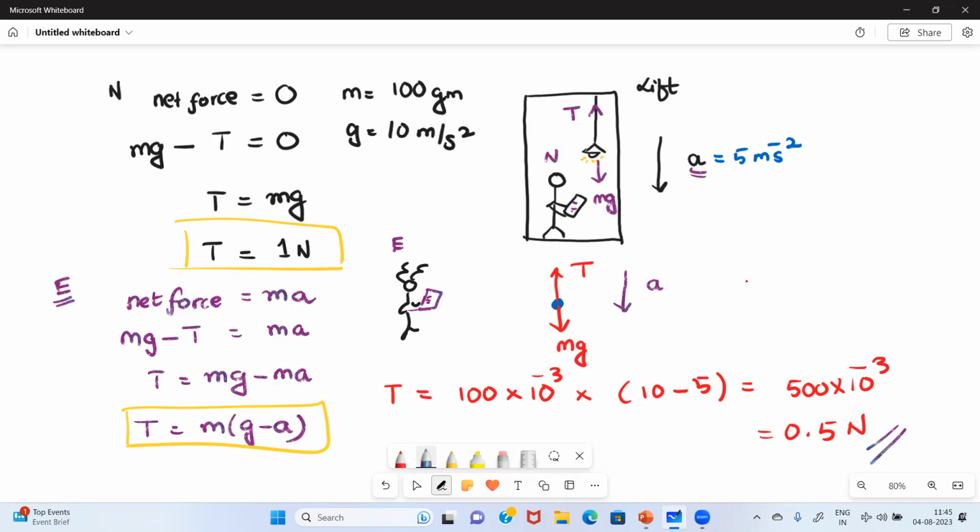I told you in the beginning, Newton's laws cannot be applied to non-inertial frames of reference or accelerating frames of reference. Your lift, which is accelerating with acceleration A, is a non-inertial frame of reference. Newton's laws will fail if you try to apply them sitting inside a non-inertial frame. So, Mr. N is wrong.